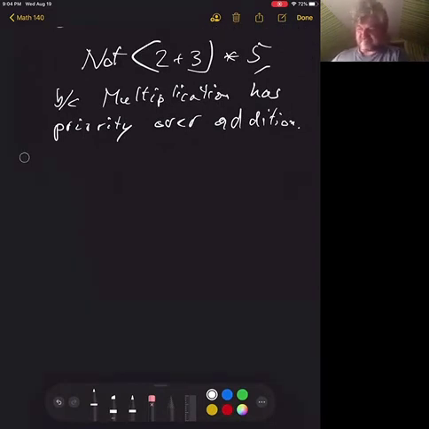Okay, so what about division and multiplication versus subtraction? I like to write it as a diagram. And include also parentheses and exponents or powers, if you look at it differently. Multiplication, division, addition, subtraction.